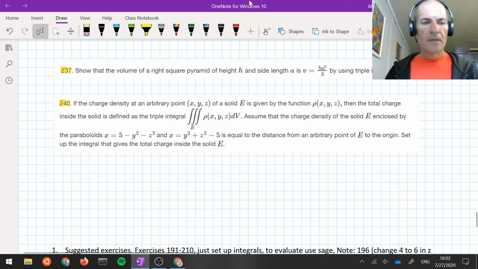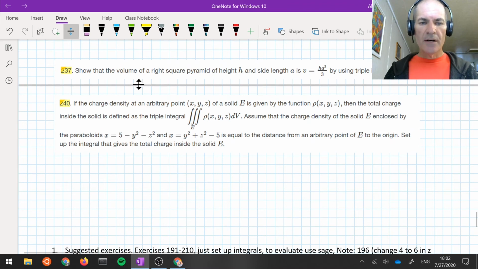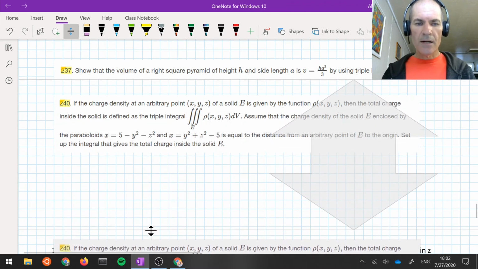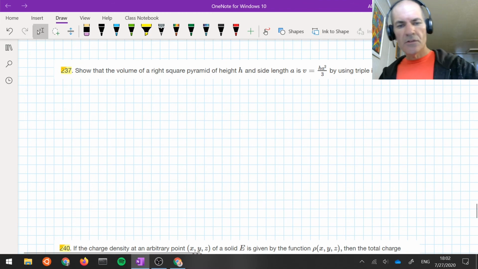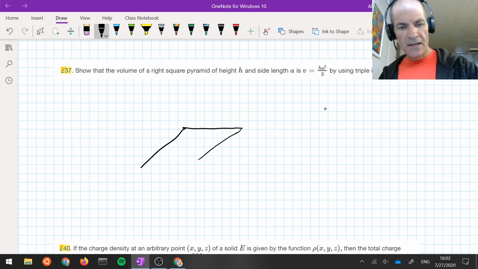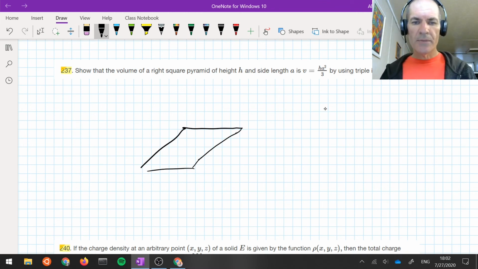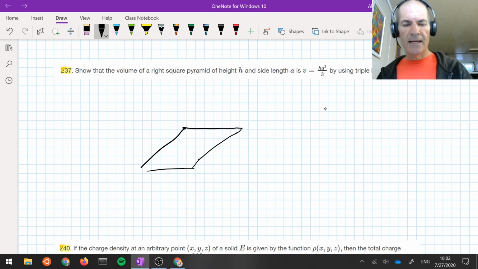All right. A little bit more abstract, but a similar kind of problem. Show that the volume of a right square pyramid of height h and side length a is given by this formula. So I'm going to try my three-dimensional artistic techniques here. We have a right square pyramid of height h and side length a.